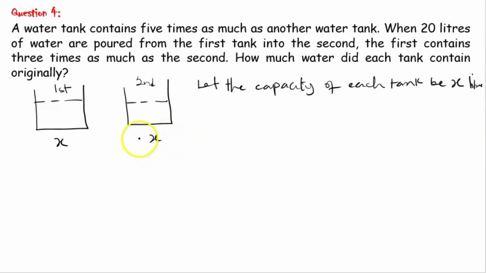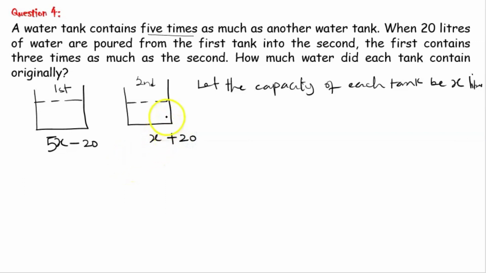We don't know, but we are told that the first one contains 5 times as much as the other. This expression means we are going to multiply by 5, so that it will be 5 times as much as what the other one contains. Now they went further to say when 20 liters of water are poured from the first tank into the second, this one loses 20 liters and this one gains 20 liters.